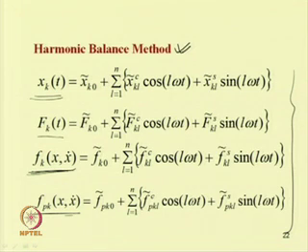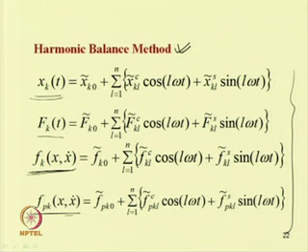So, for example, x k, that is the kth displacement, we can write equal to x k 0 plus x k L cos L omega t plus x k L sin L omega t, where L varies from 1 to n. For example, n equal to 1. So, it will be x k 1 cos omega t plus x k 1 sin omega t.